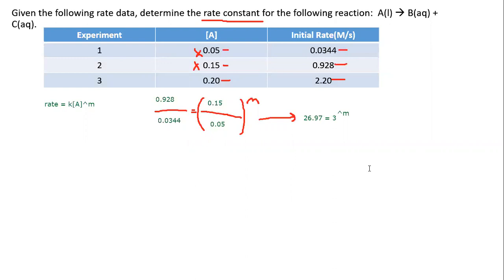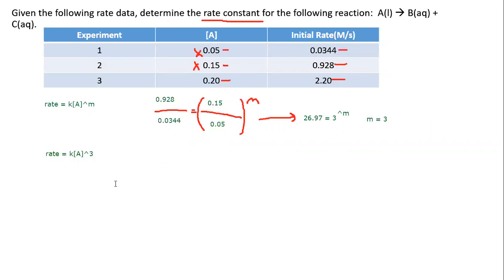So 26.97, you can round to 27. And so here m is a power of 3 because 3 cubed is 27. So now we determine the order of reaction. So the rate equals K[A] to the third.